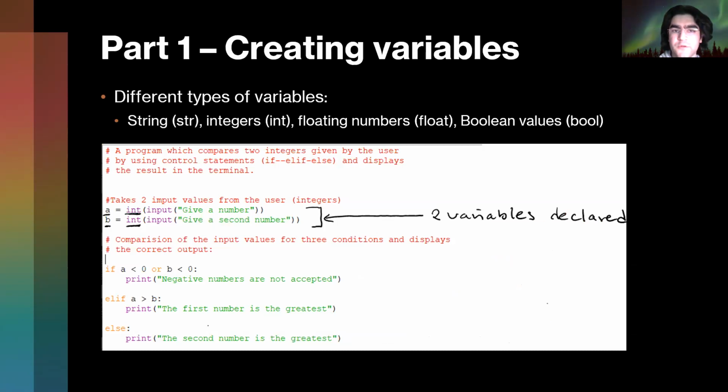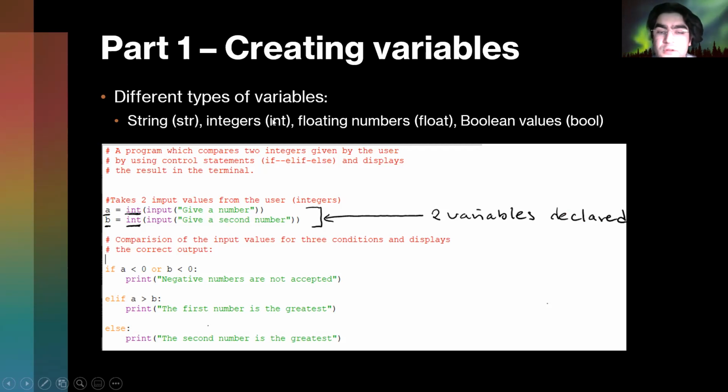So let's talk about creating variables or declaring variables. Now, in Python and in many other programming languages, we have different types of variables. We have strings, that is, for instance, a sentence. It can be a word or it can be a paragraph. And the abbreviation is str, which stands for strings.